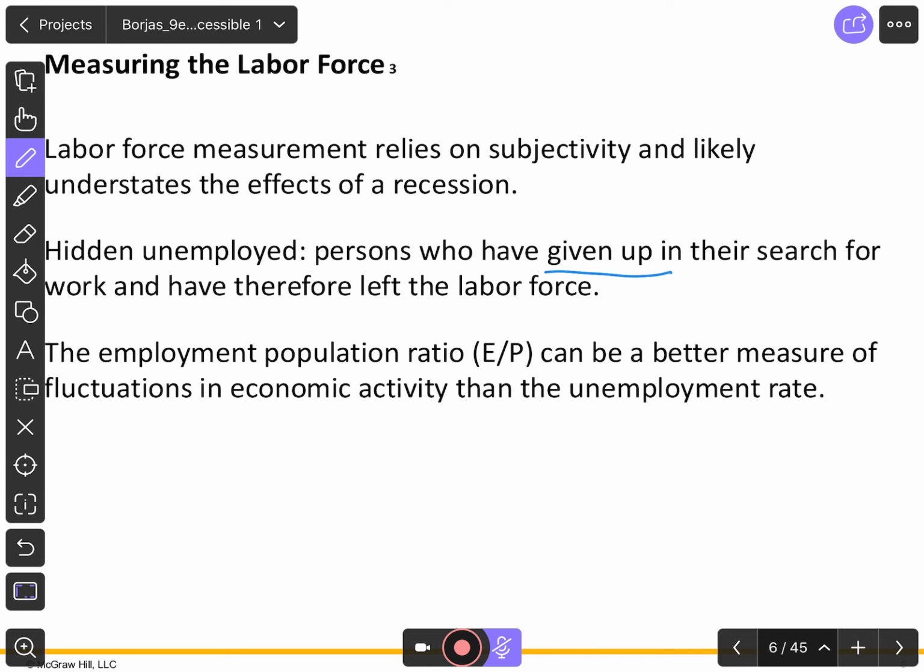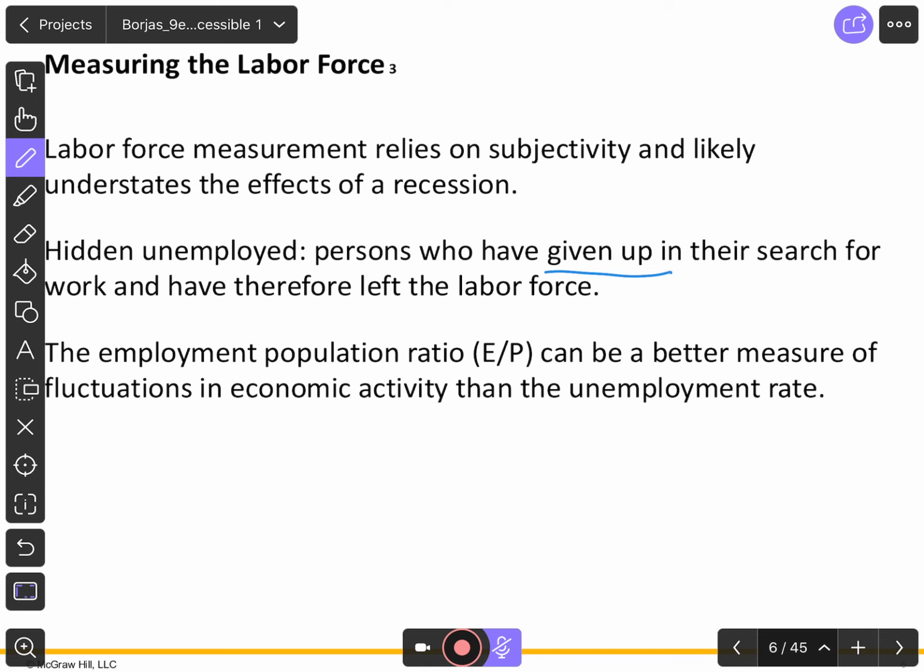So when the person from the CPS, Census Population Survey, is coming to your door and asking you, are you working? You say, no. And the next question, how long have you been looking for a job? And you say, oh, over the last 2 months, and I'm not working. Then you are not part of the labor force.